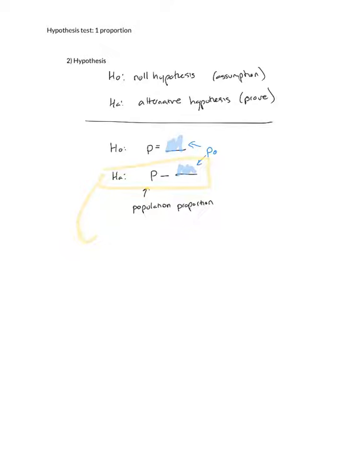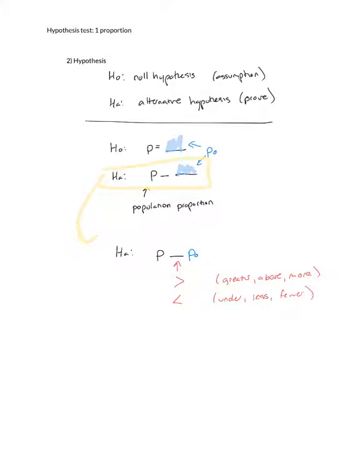Our alternative hypothesis will have P, and over on the side we'll write whatever P naught is, and in between we can write either greater than, if we're trying to show it's greater, above, or more, or we can write less than, if we're trying to show it's under, less, or maybe fewer.